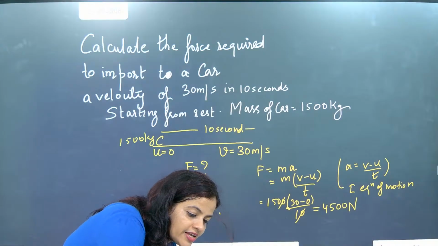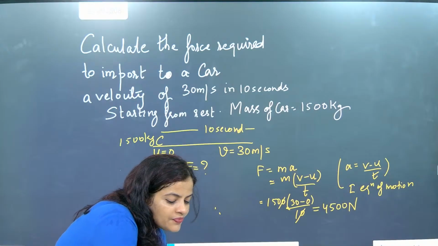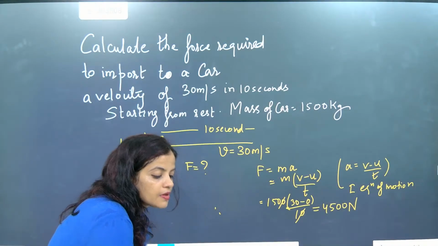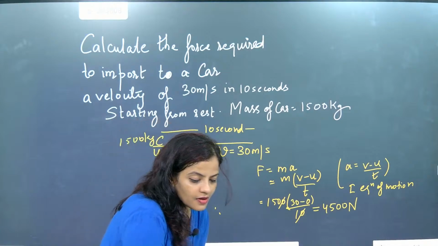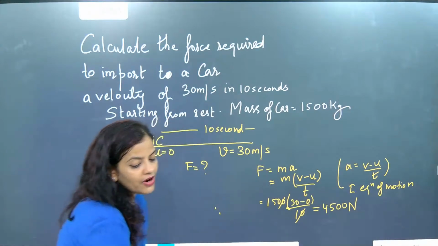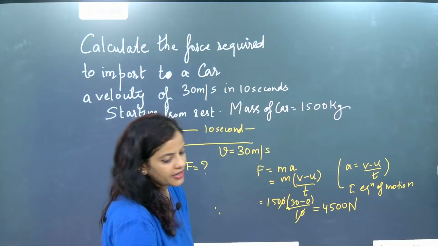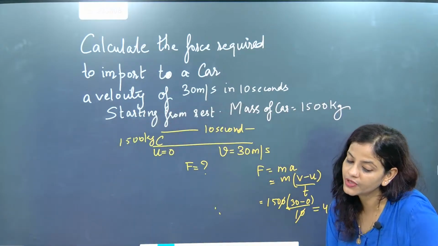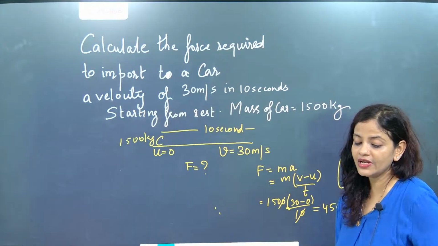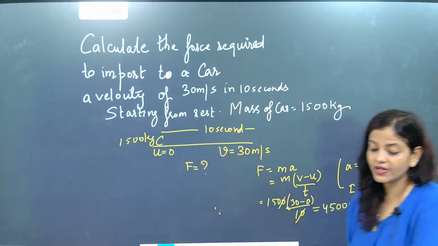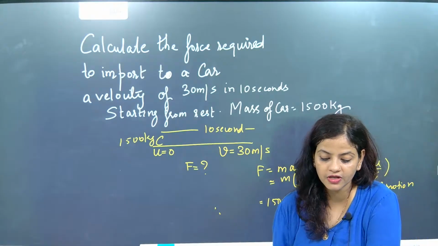Riya, did you check, beta? Did you understand how to do it? Yes Anjali, yes. Now 4500 Newton. Yes beta, now it is absolutely correct. 4500 Newton is the correct answer. I'm feeling very happy that the children in the online classes are also solving very dedicatedly.